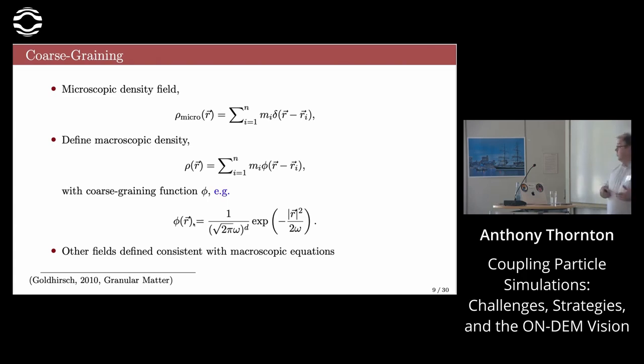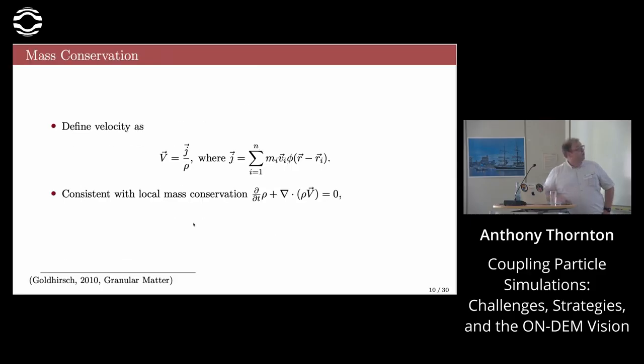You spread them with some function, and critically this function has a width W, which is very important. You can't just freely pick it. There's a minimum and a maximum. I took the slide out on how you pick this, but there's a well-defined minimum and maximum you can take for W. It's not arbitrary. The shape matters less, but the value of W really matters.